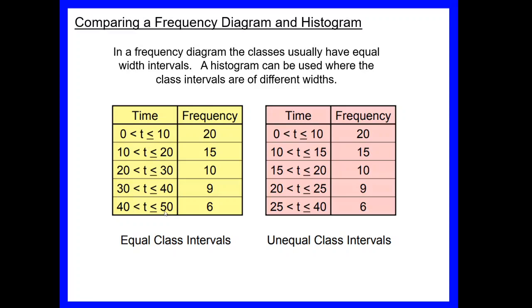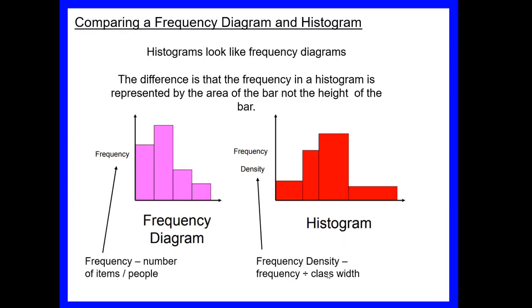So each of these class intervals or class widths, whichever you like to call them, has a size of 10. Whereas on this one, the first one has a difference of 10, the next one is only 5 wide, 5 again, and then 15 wide. Going back to that previous diagram, you can see in our frequency diagram all of the bars are exactly the same width, so they have the same class intervals. In our histogram, the bars are different widths as we go along, so they have unequal class intervals.